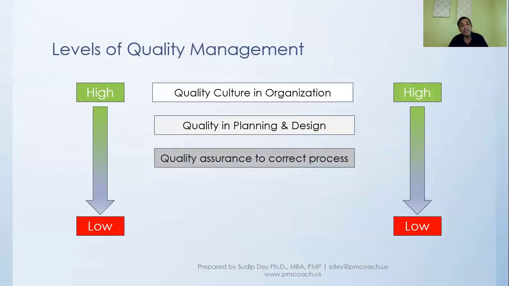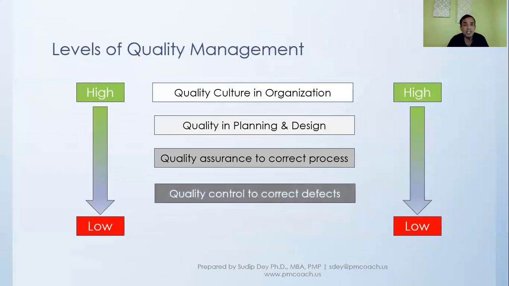Then the next level is when we don't really think from planning and design, but there is quality assurance, or process. We look at the process level and try to ensure that we have the process in place so that we deliver good quality.